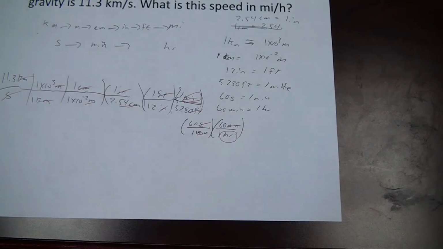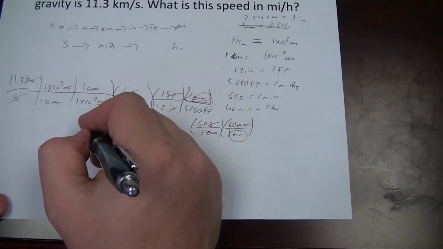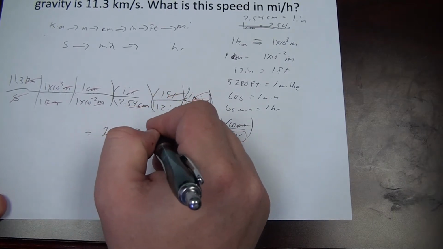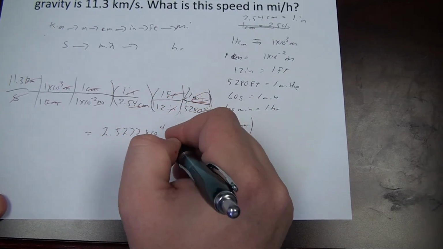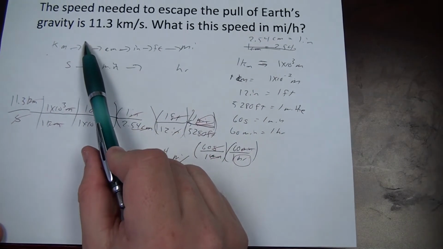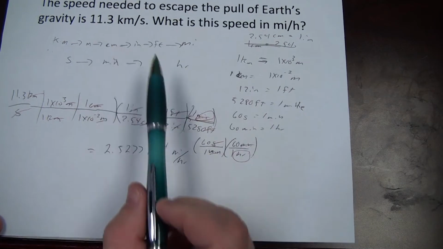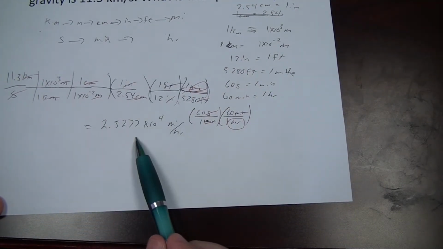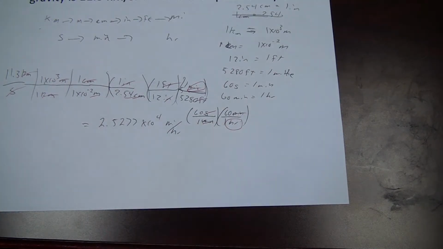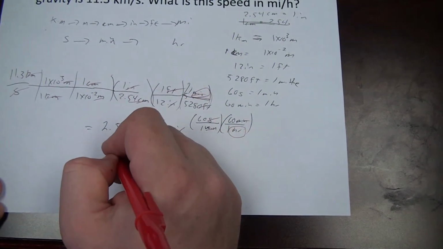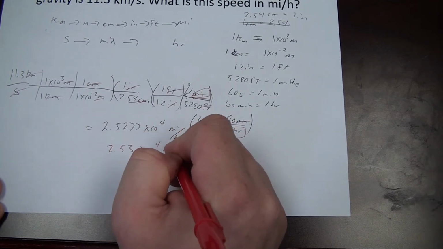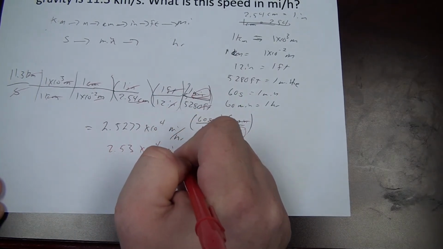If we do that math, we end up with a value of 2.5277 times 10 to the fourth miles per hour. Look at the significant figures up here. We have 3 to start with. That means we have to put this equal to 3. So this is going to be approximated as 2.53 times 10 to the fourth miles per hour.